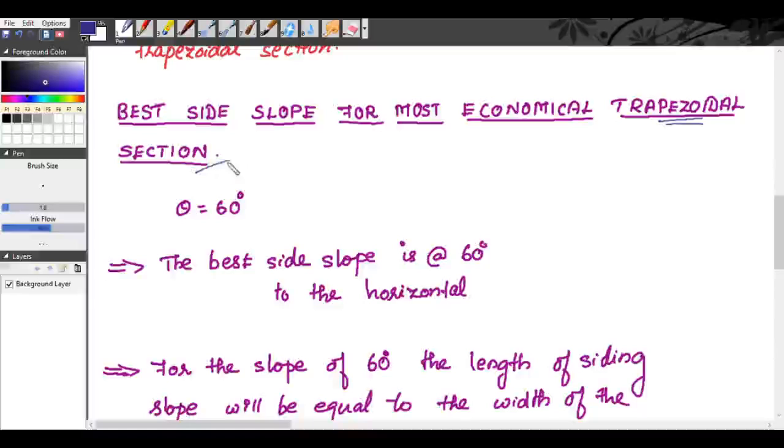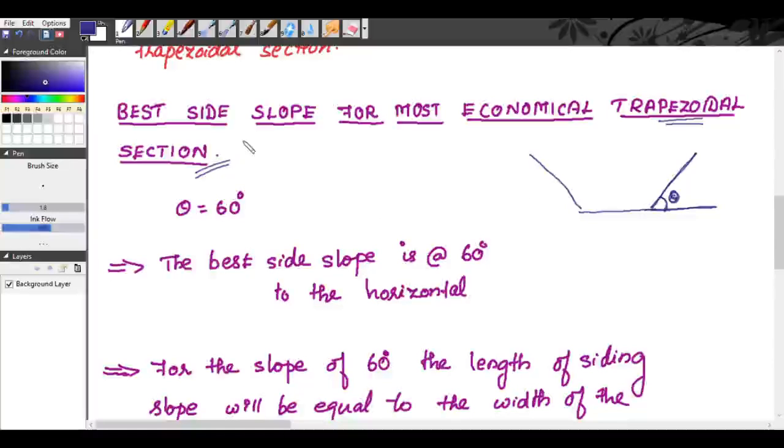Again, for the most economical trapezoidal section, we know there will be a side slope, right? So if this is a trapezoid, this you take as theta, this is called side slope, that is the angle made by the sloping side with the bottom. That is called theta.